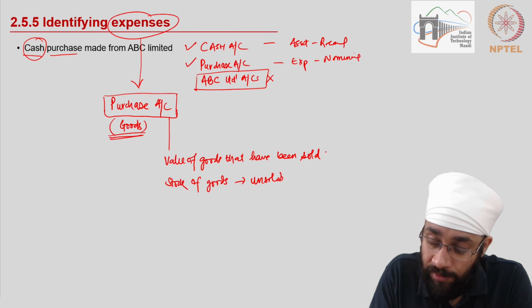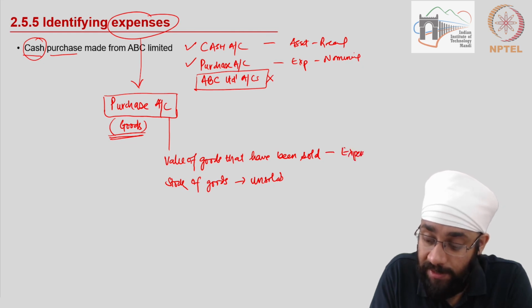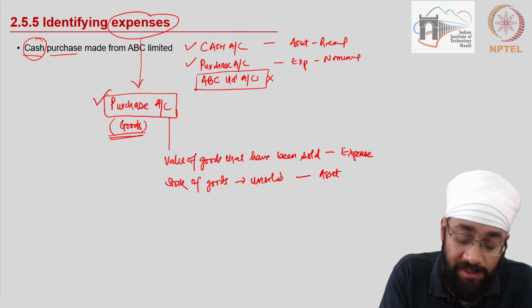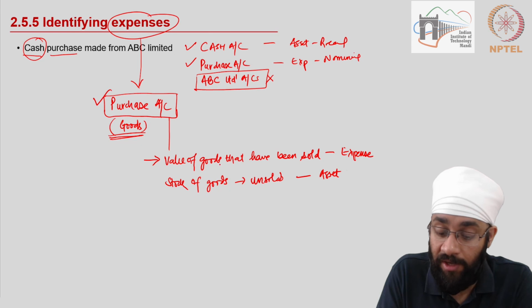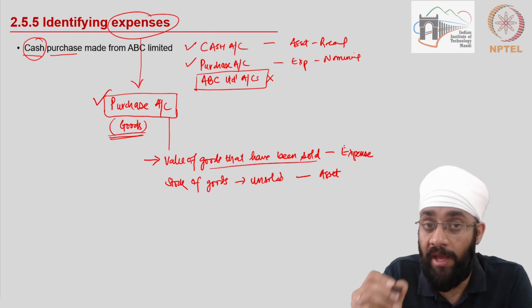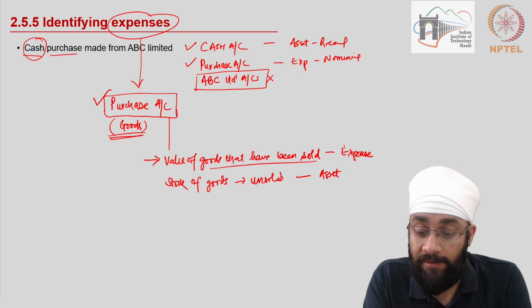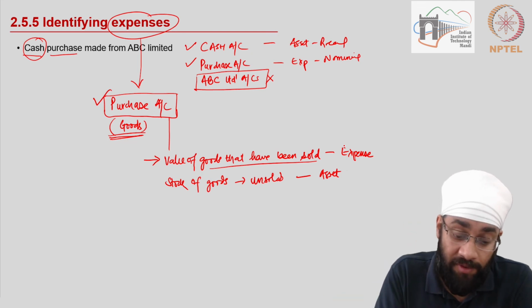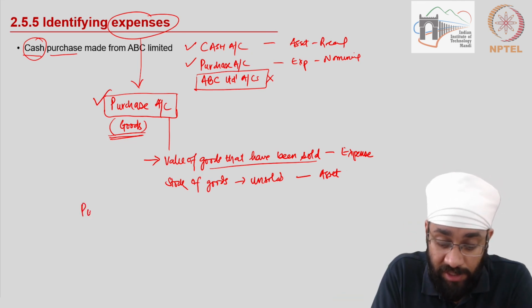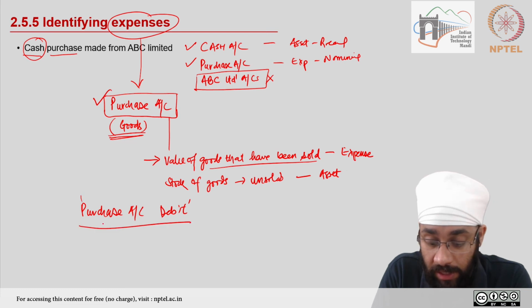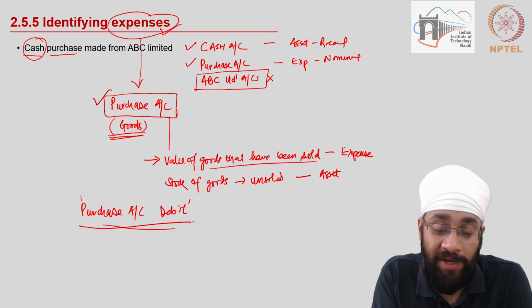All right. So this is an expense, and the unsold goods are an asset, a current asset. Okay. So in this case, purchase refers to the value of goods that have already been sold, and hence they are treated as an expense. All expenses are debit, so you're gonna write, purchase account, you will write a debit against the purchase account. There you go. So we had to identify the expense.